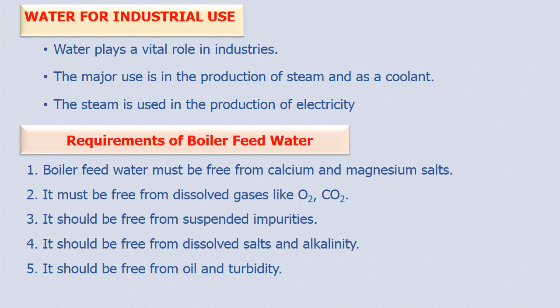It also should be free from other dissolved salts and alkalinity, and it should be free from oils and turbidity. Oils and turbidity may cause priming and foaming in boilers. So water fed to the boilers should be free from all these impurities like calcium, magnesium, gases, suspended impurities, dissolved salts, oils and turbidity.